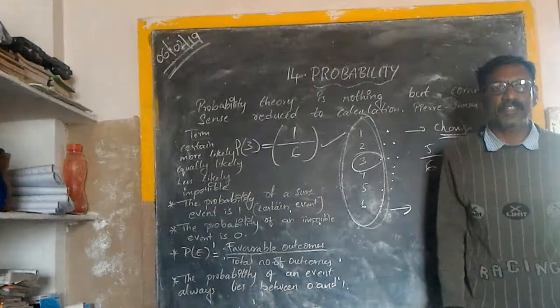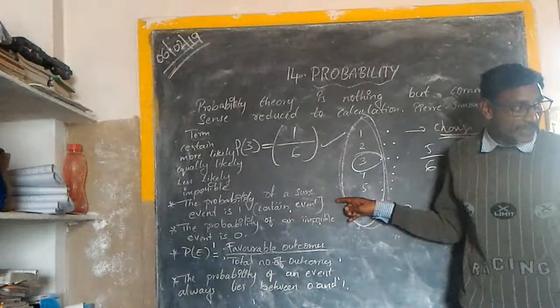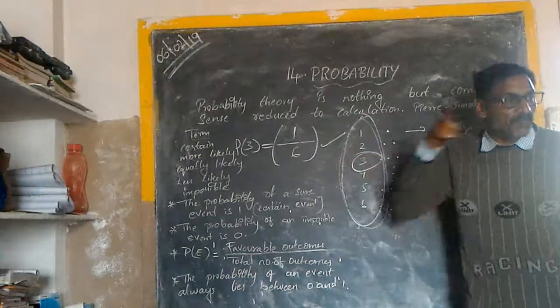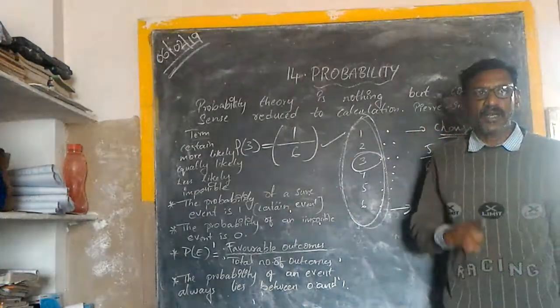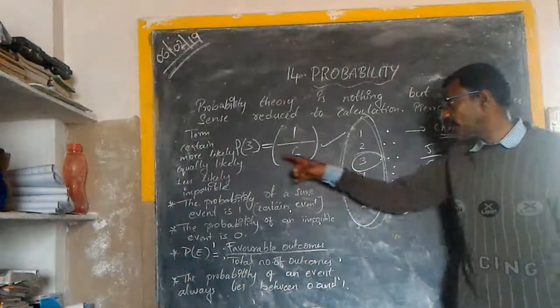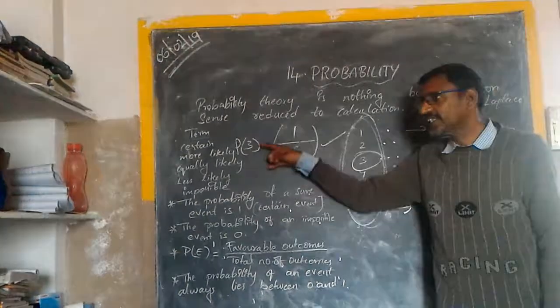An event is nothing but, in an experiment, every outcome is an event. In a random experiment every outcome is an event. So here my event is what? P of 3. P of 3 is an event.